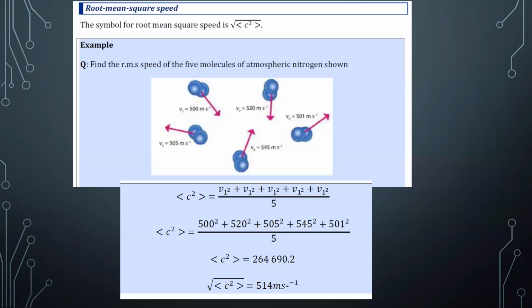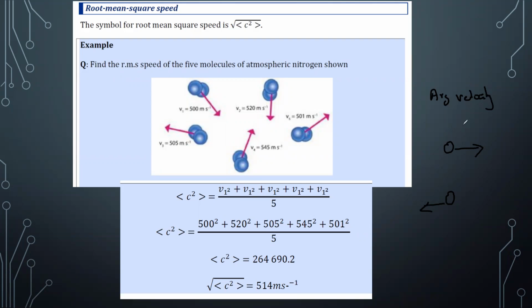Then what is the concept of root mean square speed? Basically, average speed is a scalar, but if I want to calculate the average velocity of the particles, as we know, we assume they have perfectly elastic collisions as they bounce back.